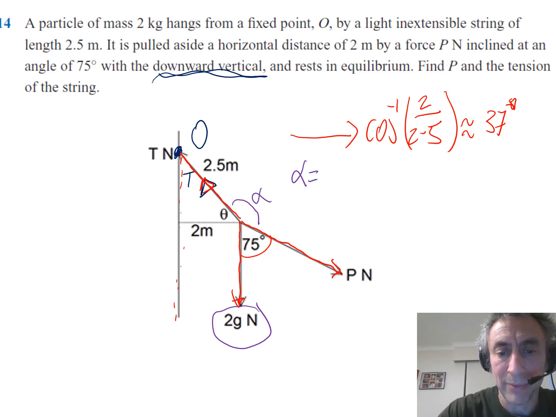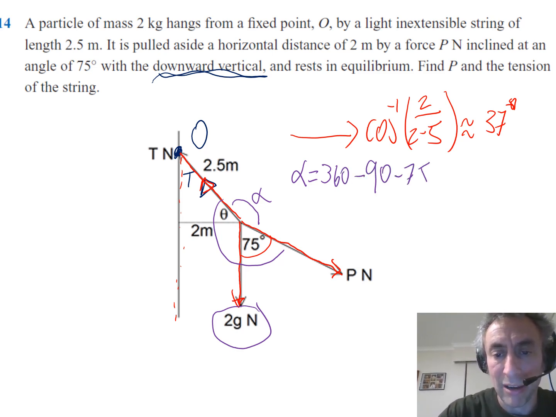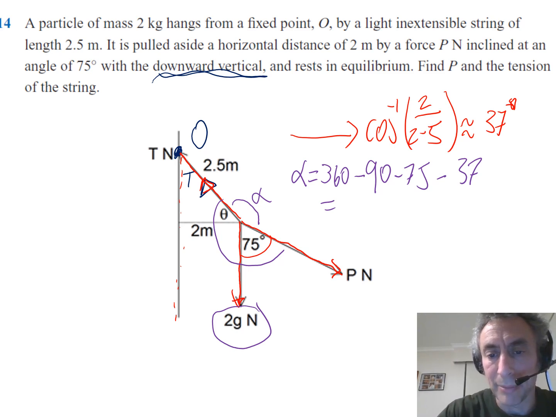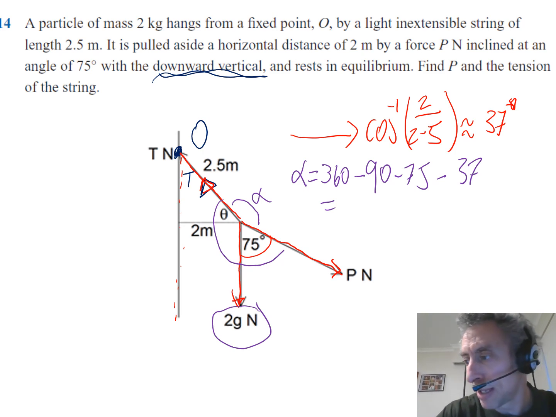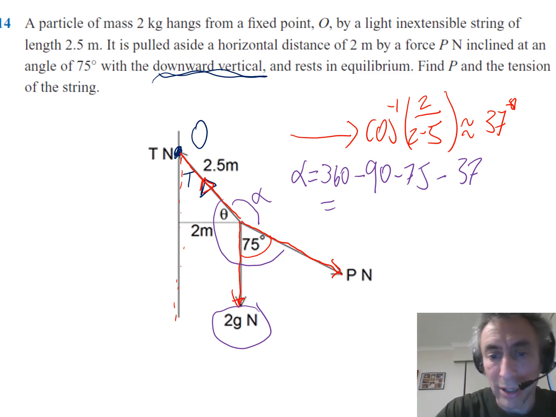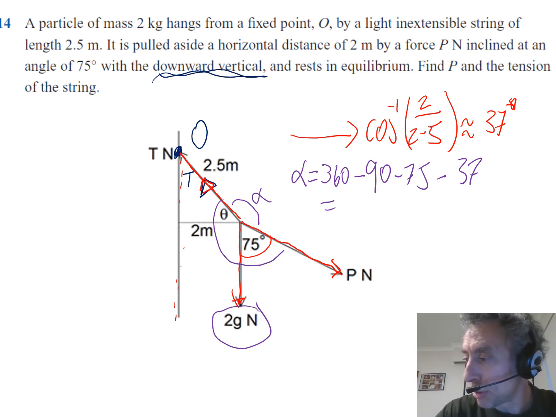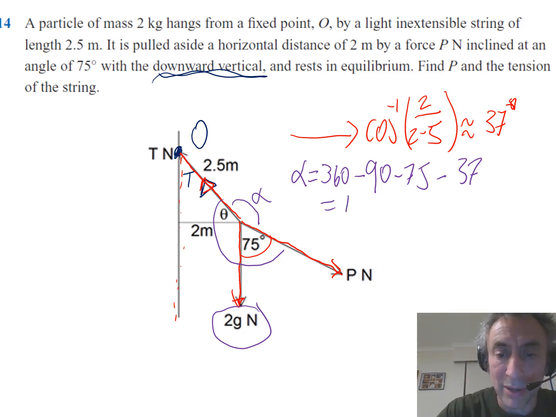Let's just think of it as 360 minus 90 minus 75 minus 37, rounded up. 165 and 37, rather. So that's 202. So 202 minus 360 is 158 degrees.